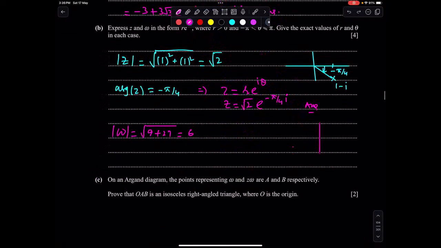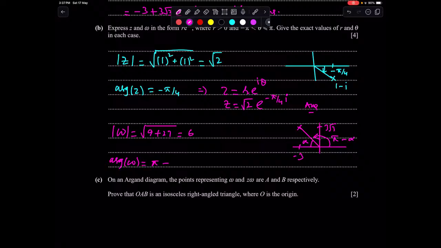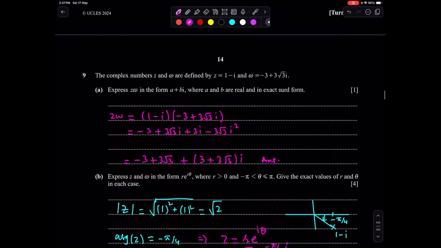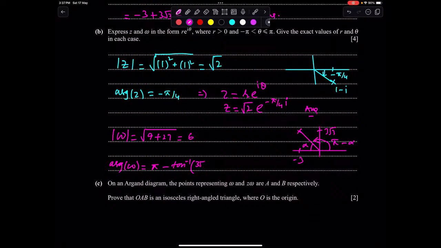It's minus 3 and 3 root 3i, so it must be in second quadrant. So this is alpha and its argument is pi minus alpha. Make sure you do all these calculations in radian mode. So argument omega is pi minus tan inverse 3 root 3 upon 3.